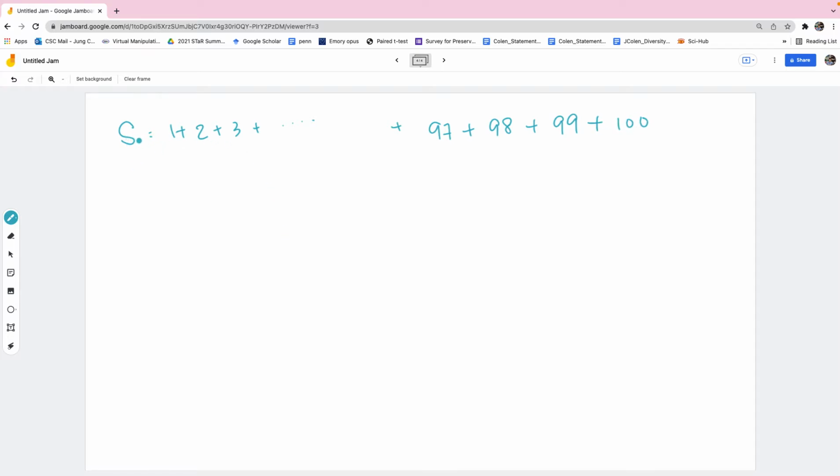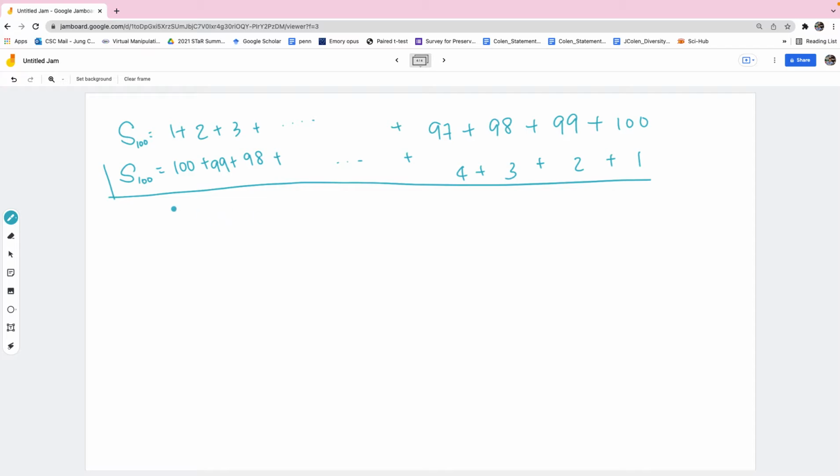So if we say that is the sum of all natural numbers from 1 to 100, then I can rewrite this backwards, like 100 plus 99 plus 98 plus dot dot dot, backwards, 1, 2, 3, 4. It's still the sum of all natural numbers to 100. Right? If I add these two together, what happens?